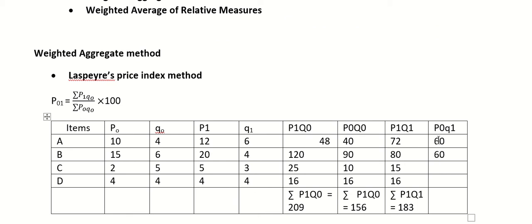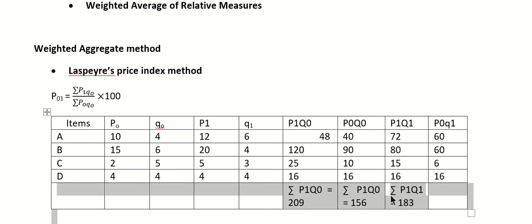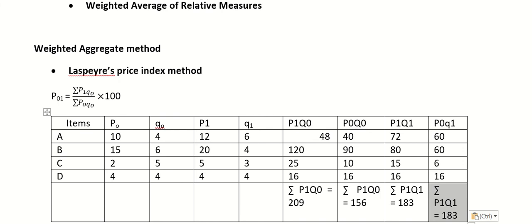Again 60. 6. 6 and next is 16. Now we'll calculate its summation. This is P naught Q1 and its summation is 142.